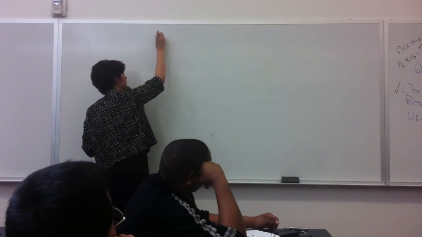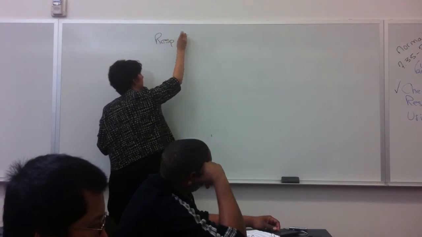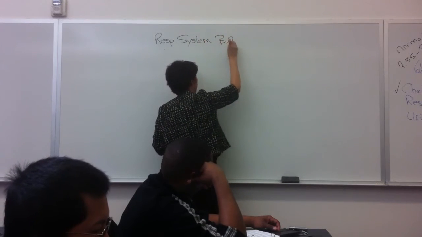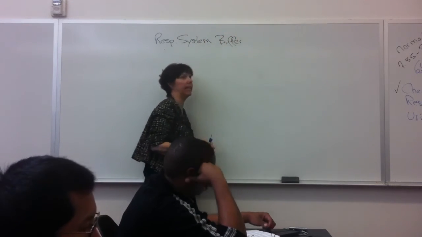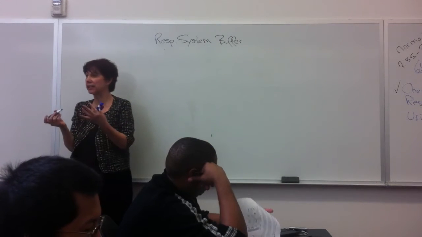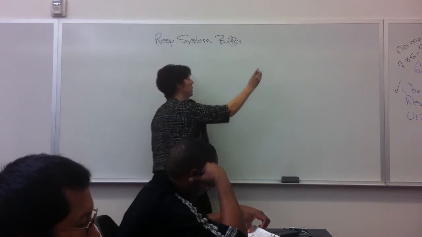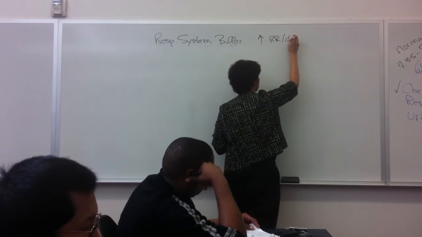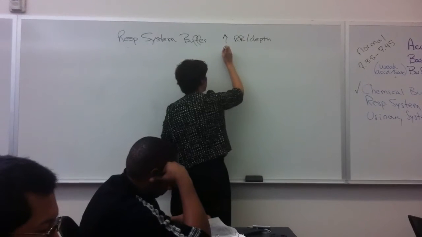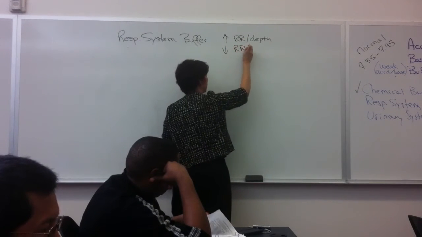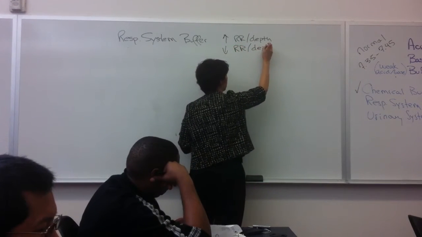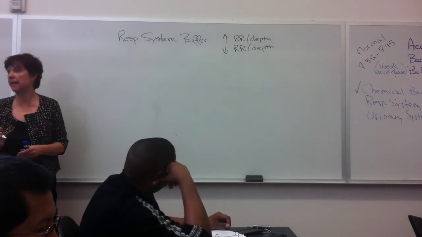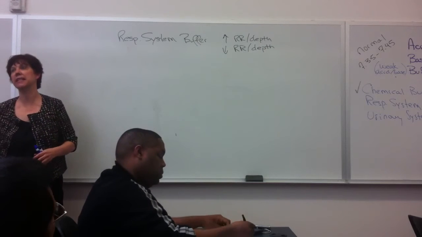So when we use the respiratory system to buffer, rather than talking about adding or removing hydrogen ions from a chemical, what we do is we increase respiratory rate and depth, or we decrease respiratory rate and depth.